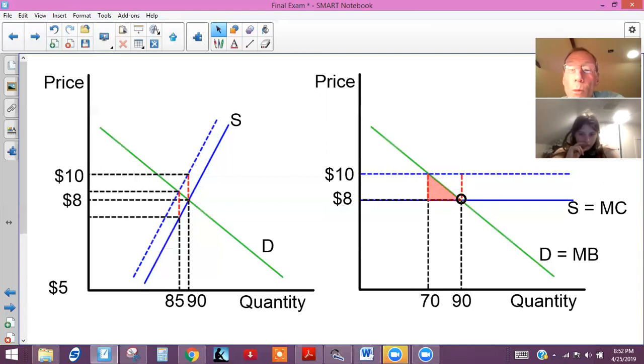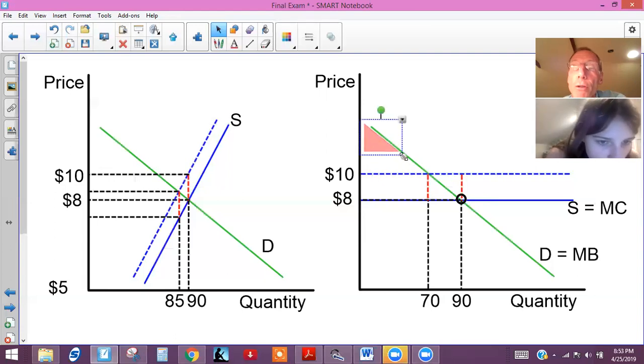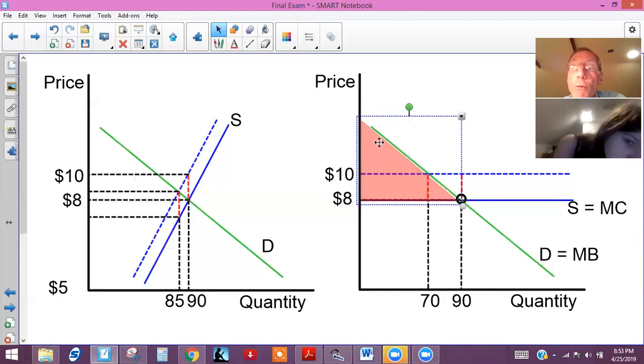Oh, one more thing. If we're looking at this in terms of surplus, before the tax, you've got a consumer surplus that's equal to all this. Before the tax, this is consumer surplus, right? Because the price was 8, and this is the demand curve.